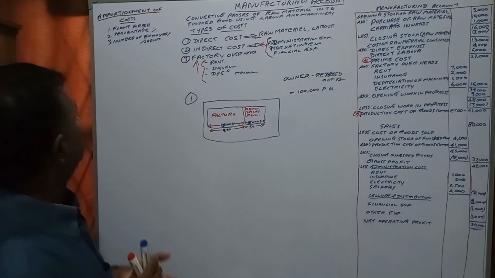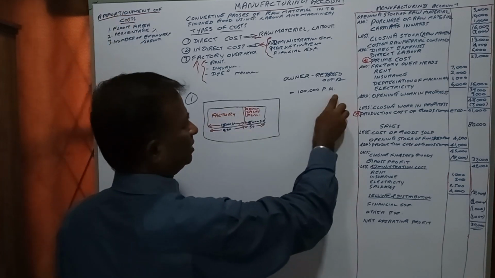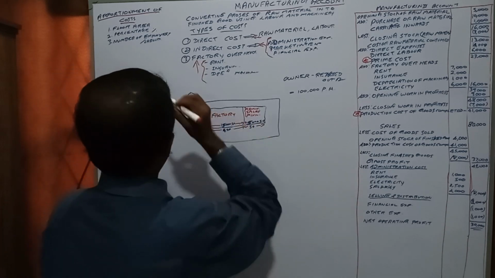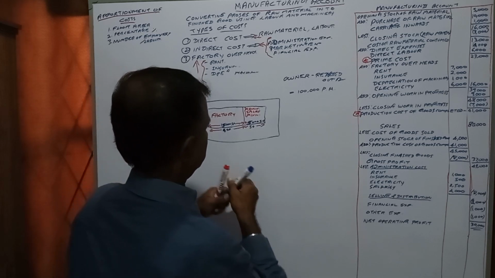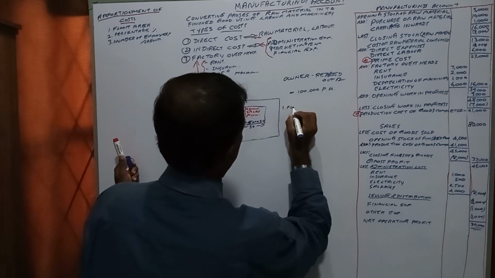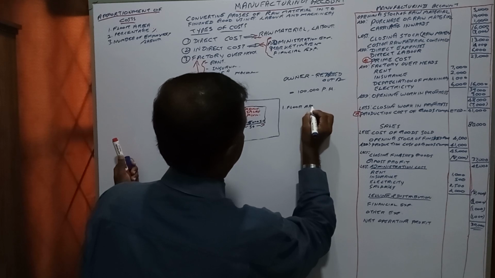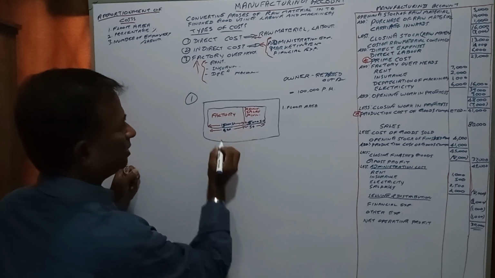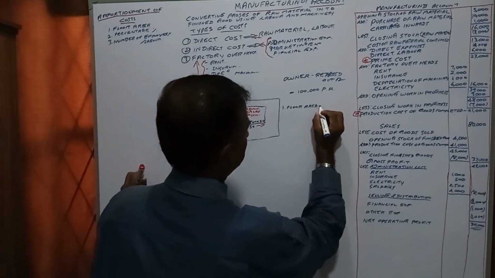So if you are apportioning the rent based on floor area, under the floor area method, based on the first method, that means floor area, 15,000 plus 5,000, total is 20,000 square feet, right?